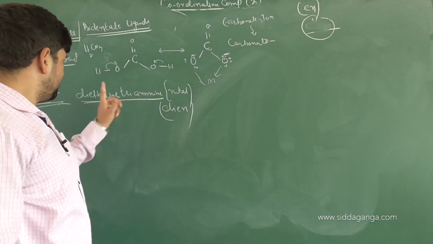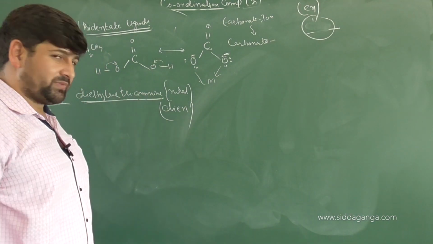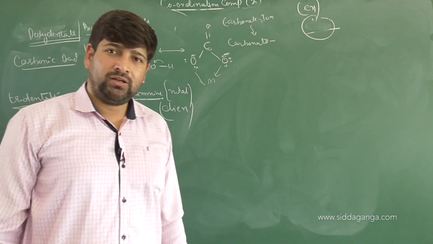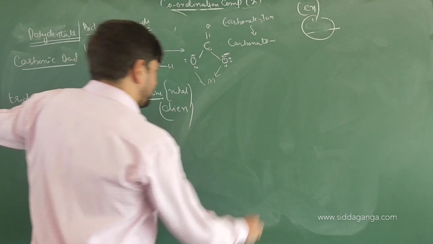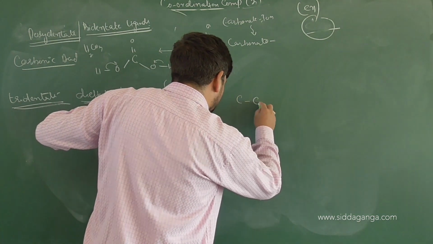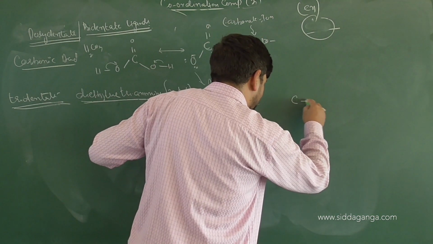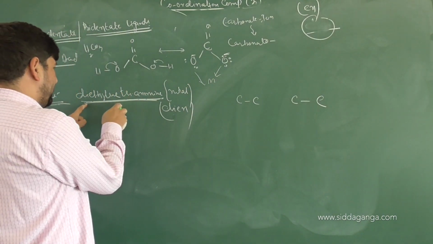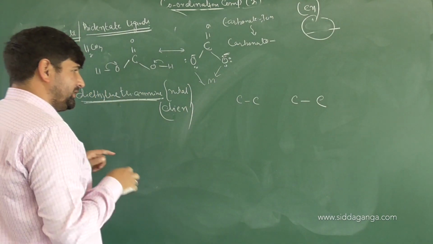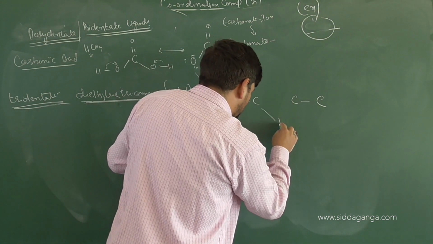This is diethylene triamine. Diethylene means how many ethylene groups are there? 2. So I'll mention those here. There are 2 ethylene groups, carbon, carbon, and then there is carbon, carbon. According to this ligand, which is a tridentate ligand, all these are attached to each other, right? So how is that possible? We have nitrogen here.